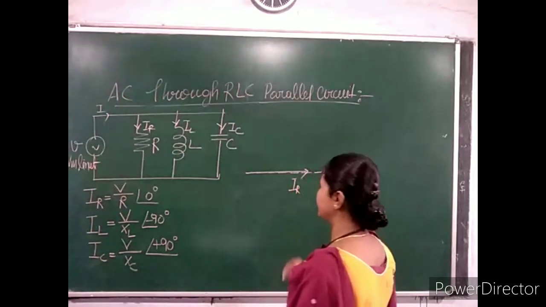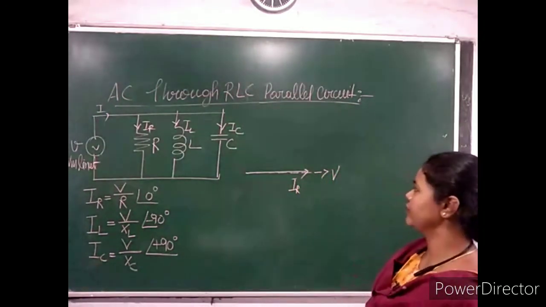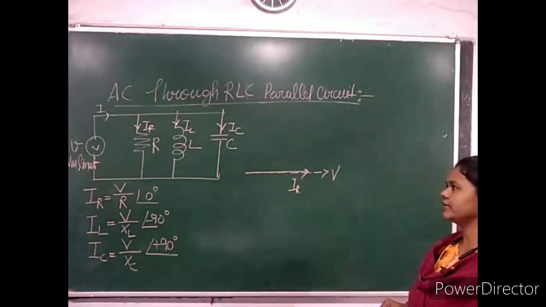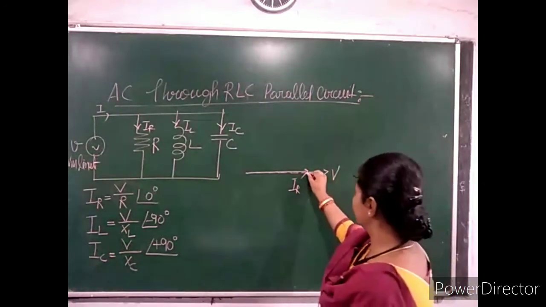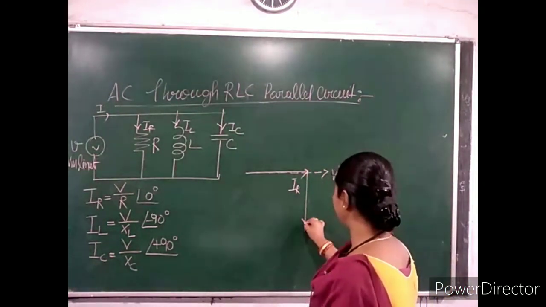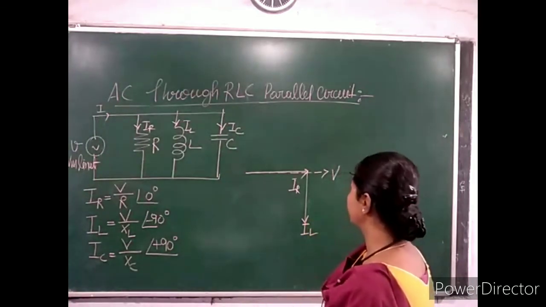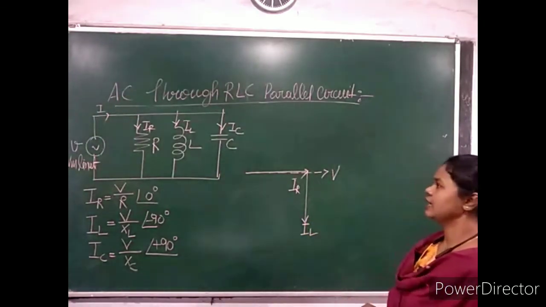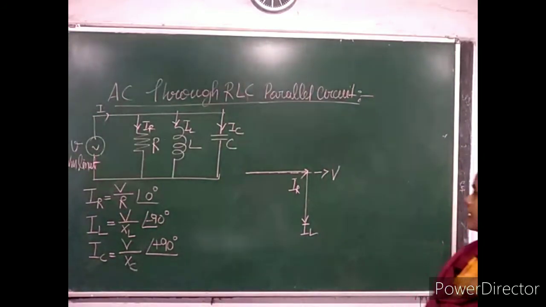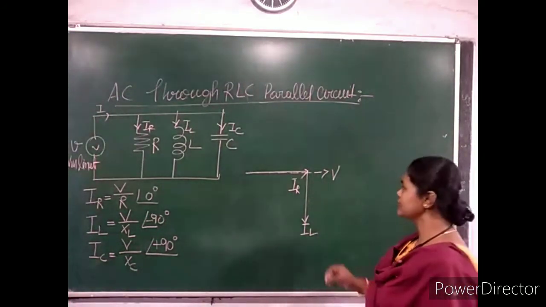This is IR. Current flowing through inductor lags behind the applied voltage. Then next, current flowing through capacitor leads the voltage.